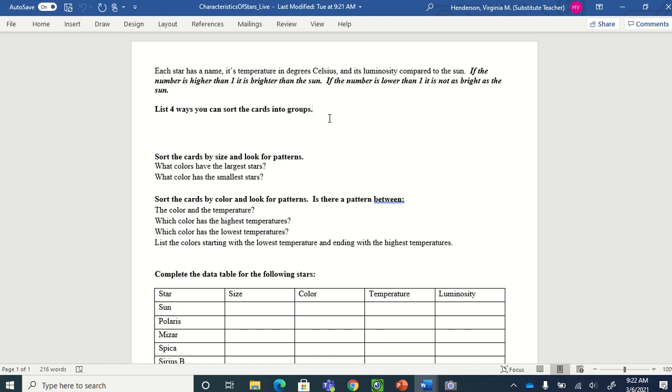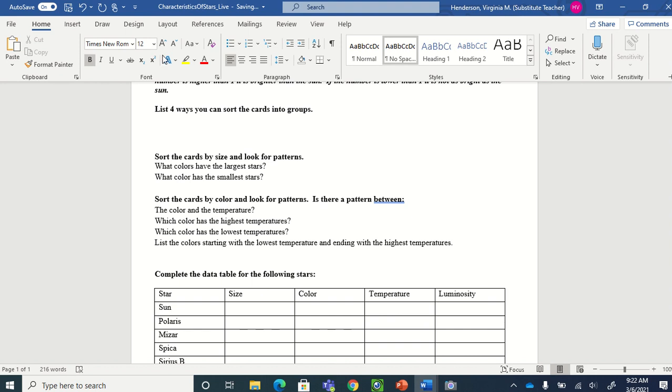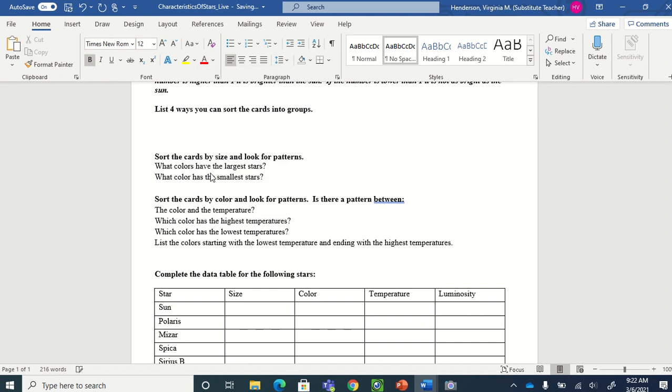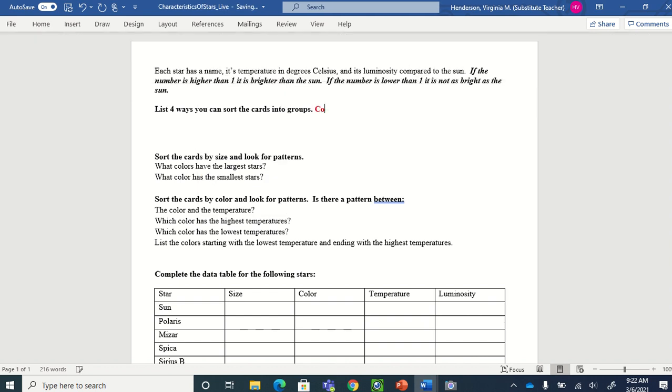It says list 4 ways that you think the stars can be grouped. So I'm going to say color. Let's change this up because you know I like things to be changed. I'm going to change my words here to red. I'm going to say color. I'm going to say brightness.